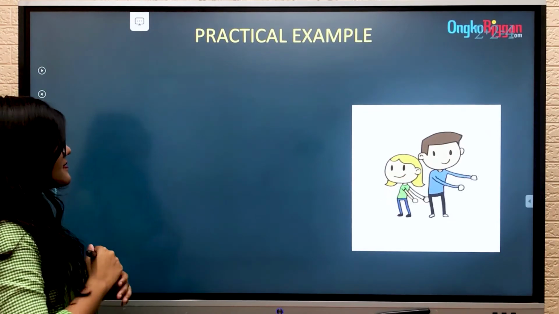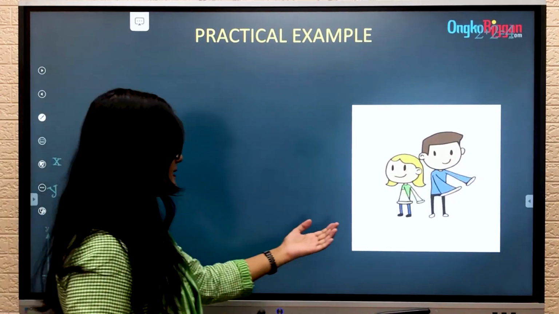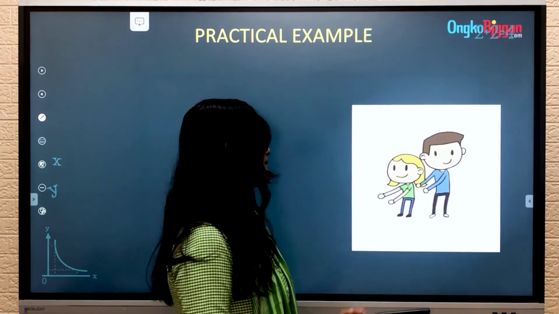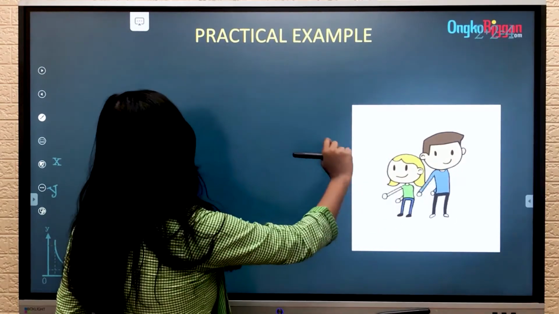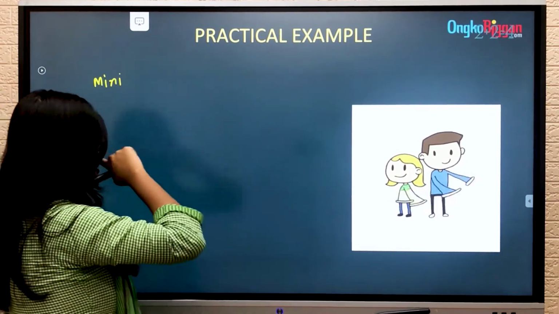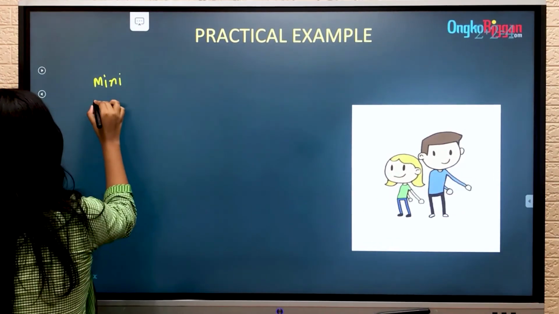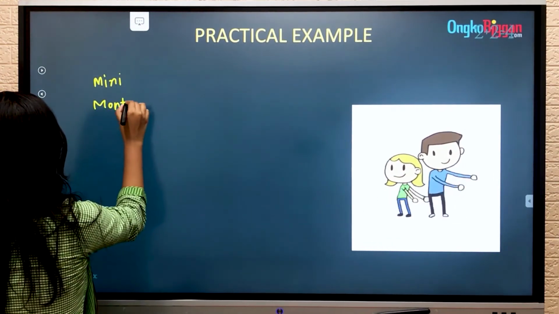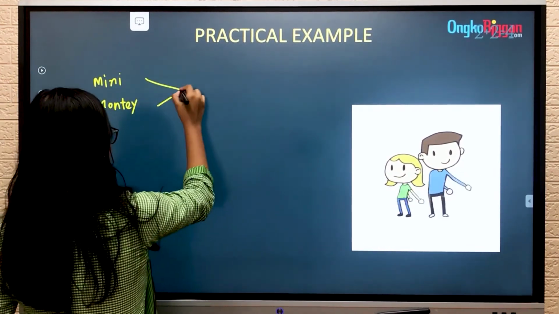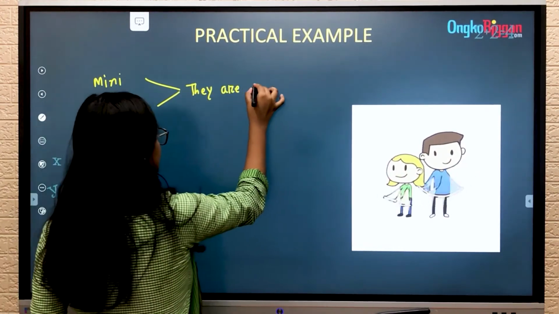So, practical example. In the figure you can see there is a girl and a boy. Let us suppose the name of the girl is Minnie, and the name of the boy is Monty. And they are brother and sister. They are siblings.